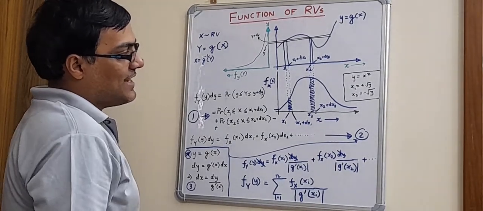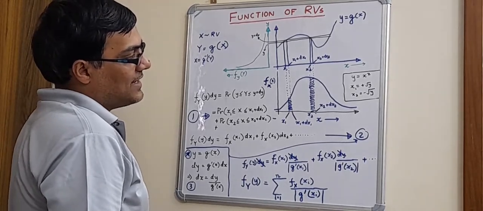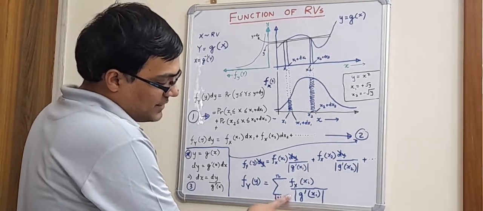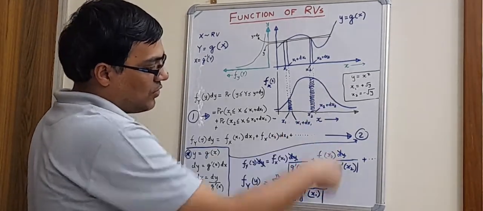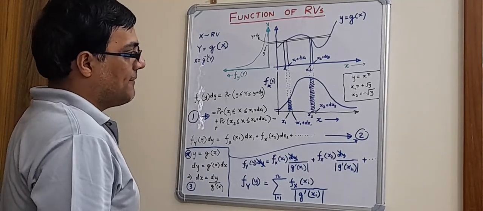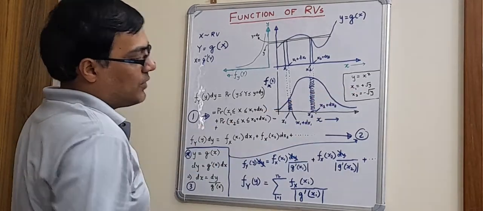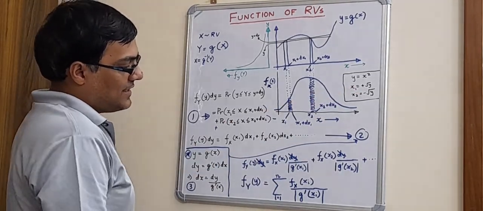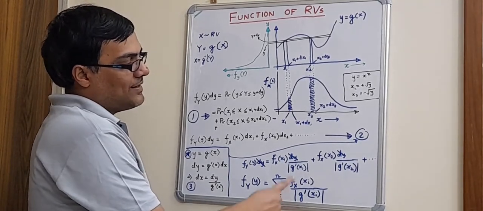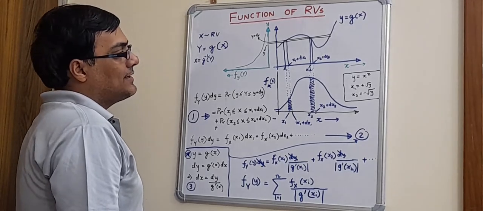So g dash x1 is equal to 2 root y and g dash x2 is minus 2 root y. But you need the mod. Since you need the mod of this, for both the cases it is 2 root y, that's it. Mod of negative is a positive number. So that is the g dash x, and finally you substitute this into this formula, and this precise same example is provided in the slide. That should not be a problem.